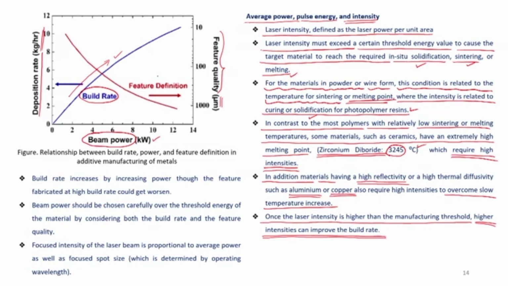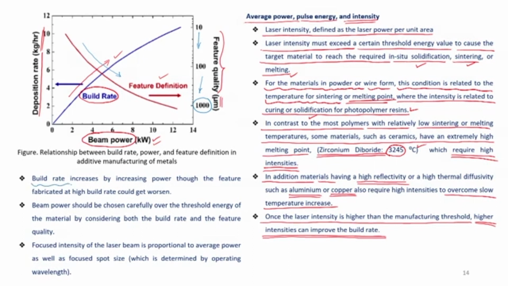However, in case of feature definition, as we increase the laser power from say 1 kilowatt to 12 kilowatt, the size of the feature is getting increased, from 10 micron to 1000 microns. The more power we apply, the broader or bigger the features we can create.